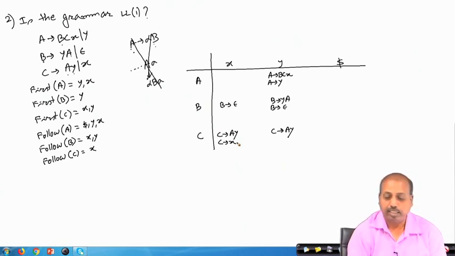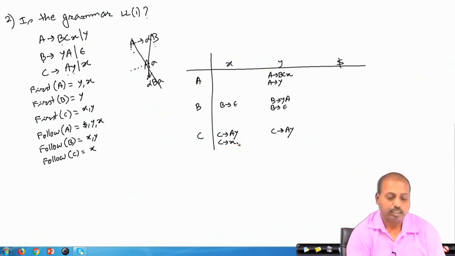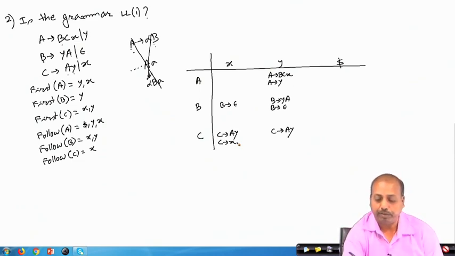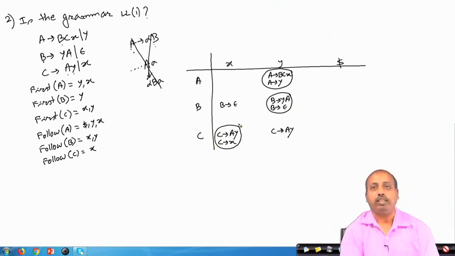Okay. So, you see that after constructing this table, we see that several entries are multiply defined. So, there are 2 rules here, 2 rules here and 2 rules here. So, if you make a predictive parser, the parser cannot take a decision like which rule to follow for parsing the string.